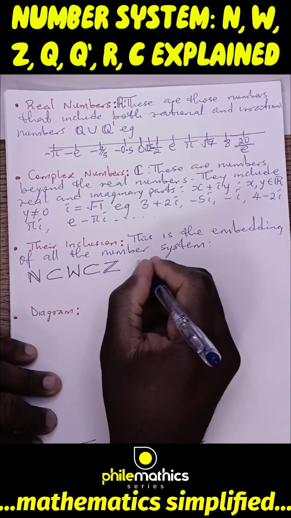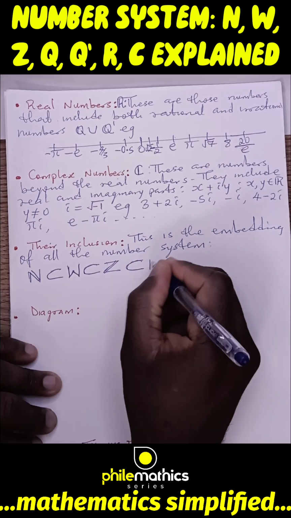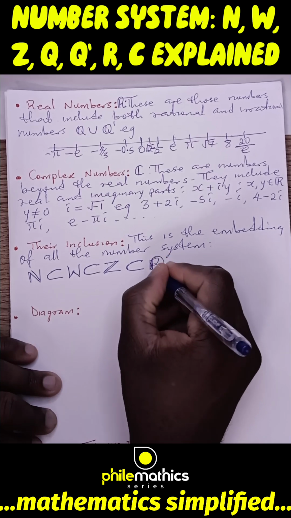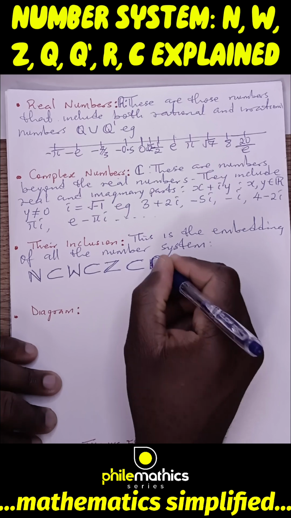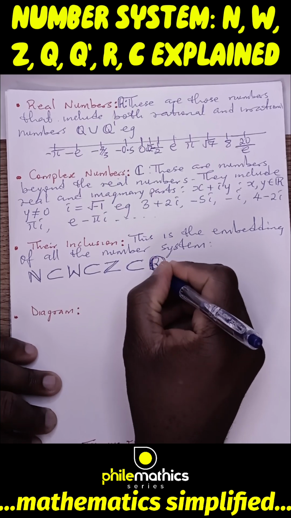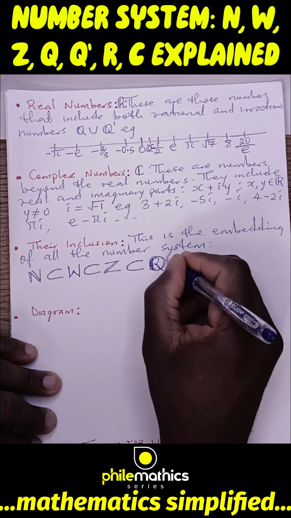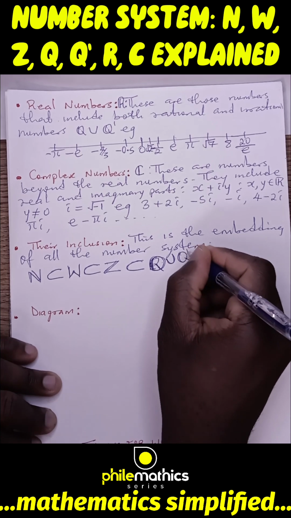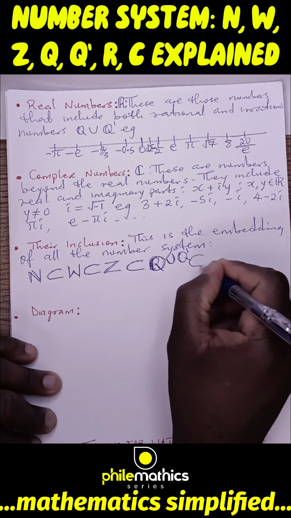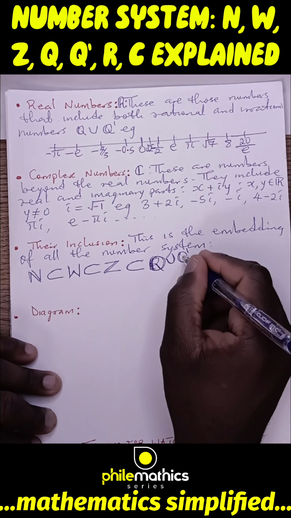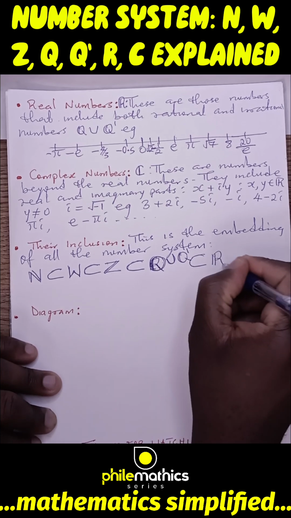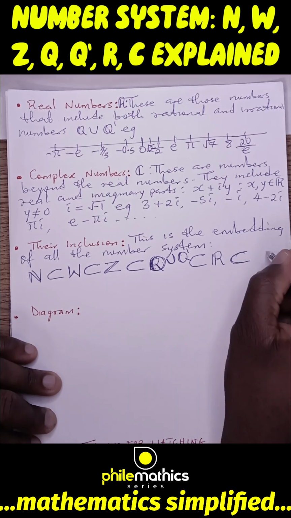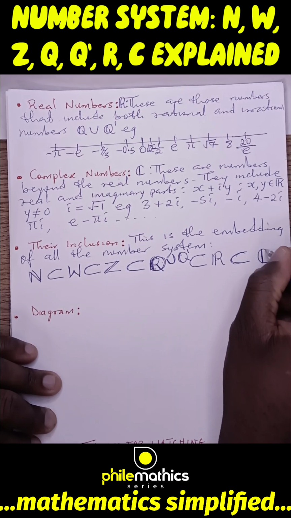The integers are a subset of the rational numbers, denoted as Q. The rational numbers union the irrational numbers are a subset of the real numbers, and the real numbers are a subset of the complex numbers.